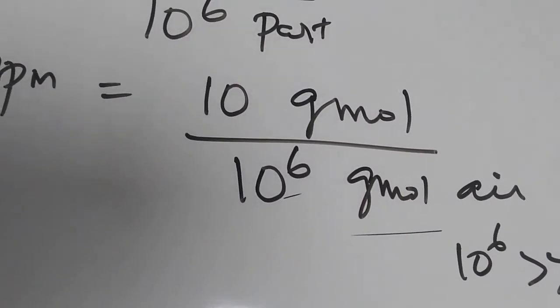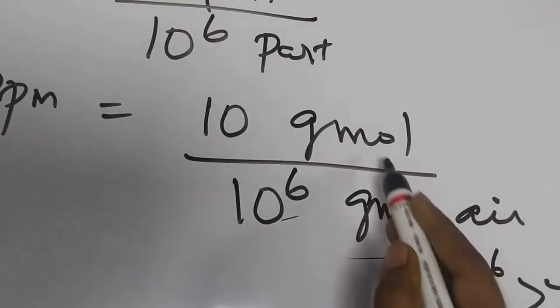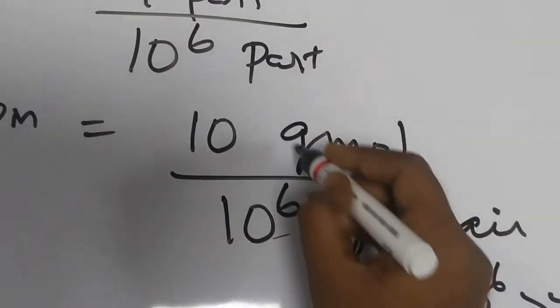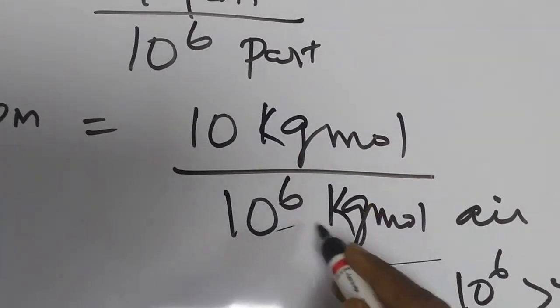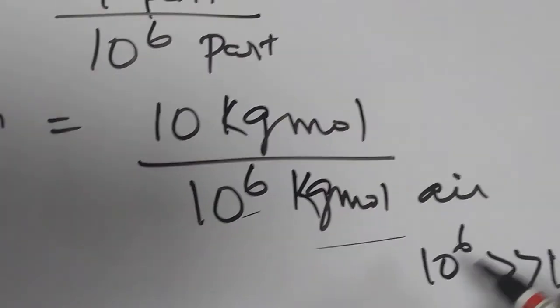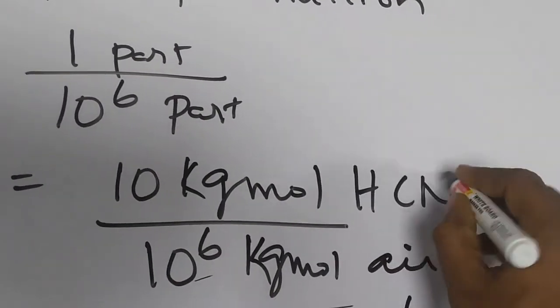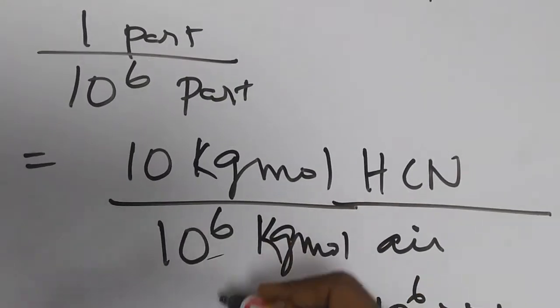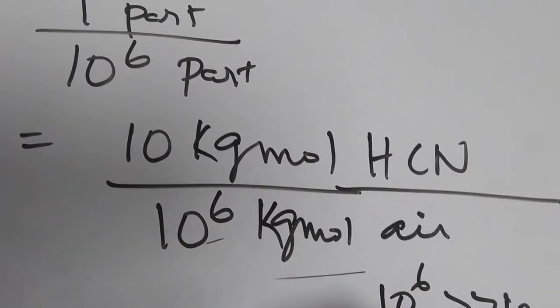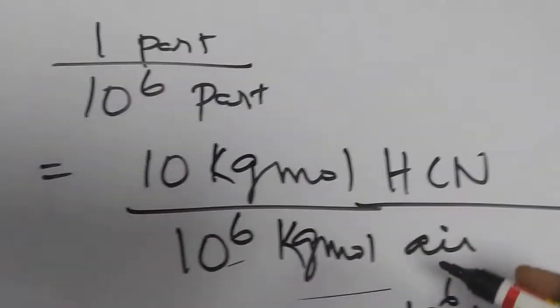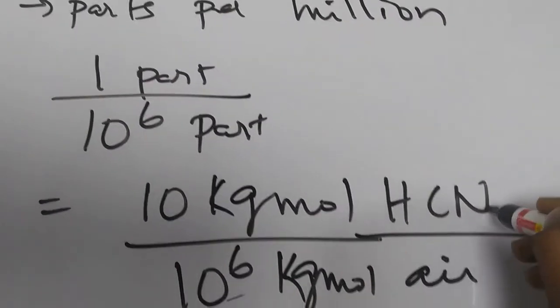If it is gram mole, we can even say in terms of kilomole also, right? It can be 10 kilomole per 10 power 6 kilomole of air. Now we have to get this term in terms of mass. How to do that? First let us determine the molecular weight of HCN and air.